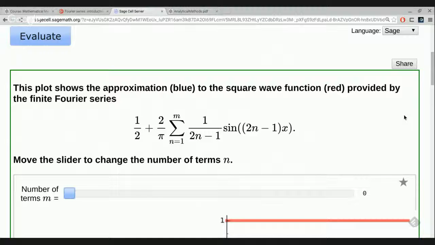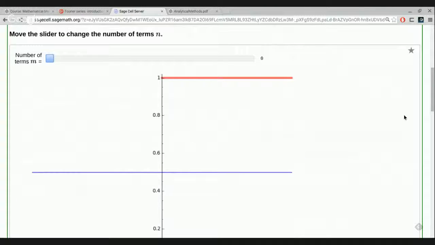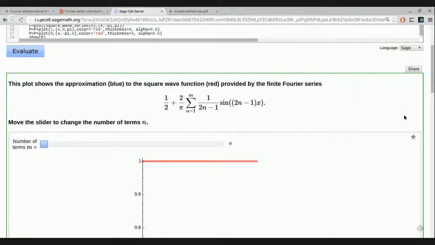And this can be illustrated here in the graph. So we've got this little slider here. So the slider, which is currently set at 0, is the number of terms in this sum. So at the moment we're just looking at the value of half.